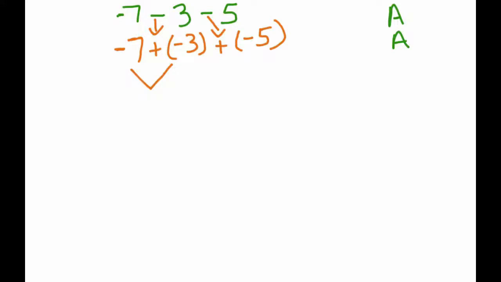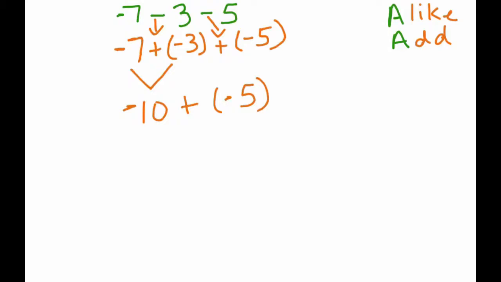You have negative 7 plus negative 3. The signs are alike, so we're going to add. Add the absolute values, 7 and 3 is 10, and keep the sign, that common sign. And bring down the next number, plus negative 5.